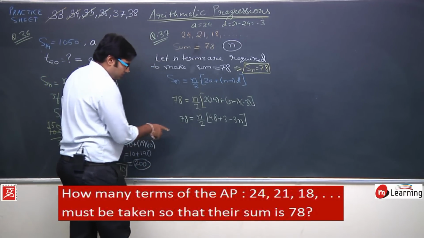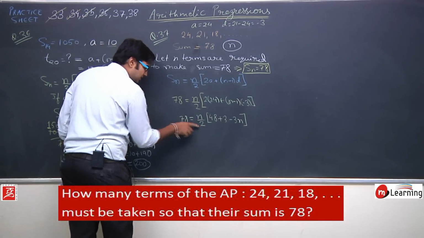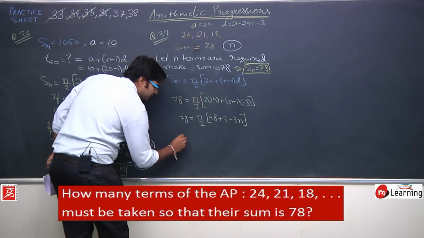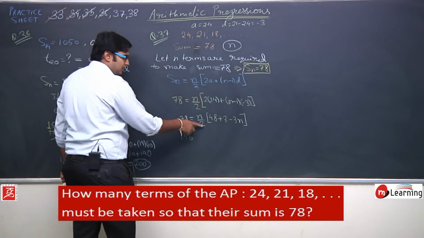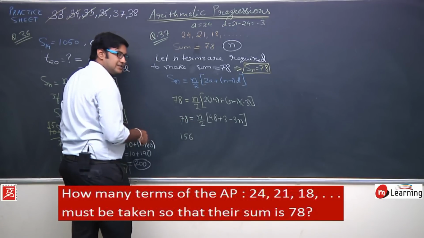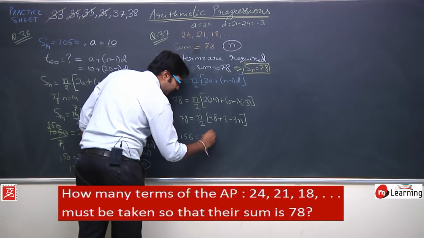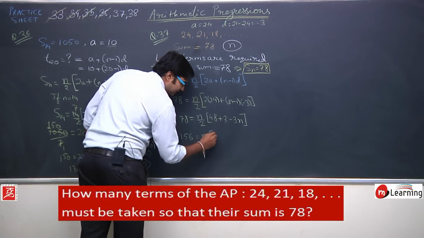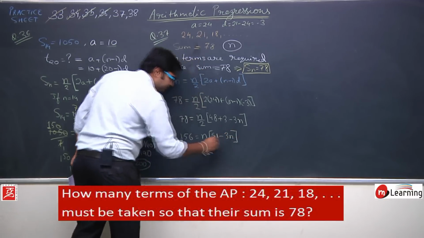So now I think I need to multiply this 2 from RHS to LHS. 2 into 78 will give you 156. Okay, this is 2 into 7, 140, and 2 into 8 is 16. So 140 plus 16. This will give you n into bracket 48 plus 3 is 51 minus 3n.